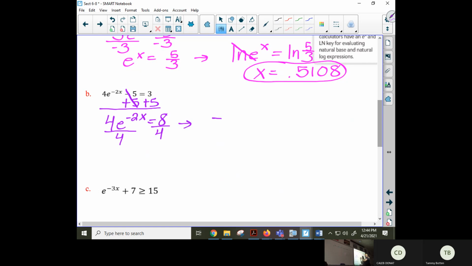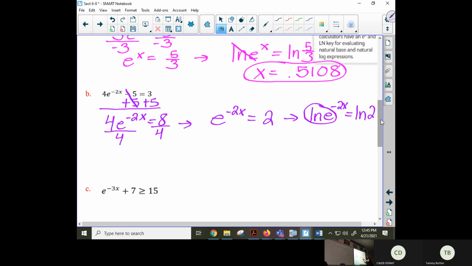And I get e to the negative 2x equals 2. How do I undo that e? Natural log of both sides, okay? So what I'm going to do, I'm going to take natural log of e to the negative 2x equals natural log of 2. What happens to this?